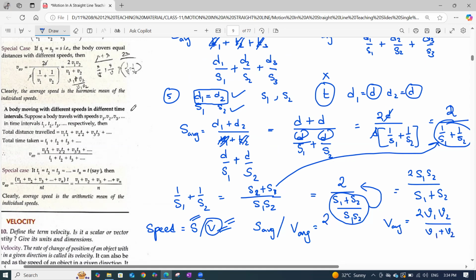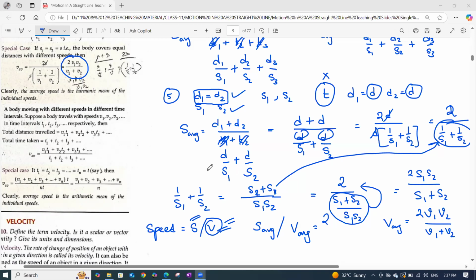This is the formula, 2 V1 V2 by V1 plus V2. These are the formulas you need to remember.